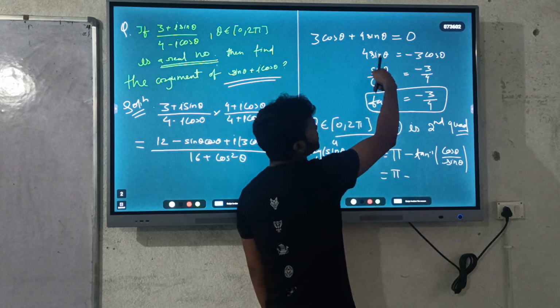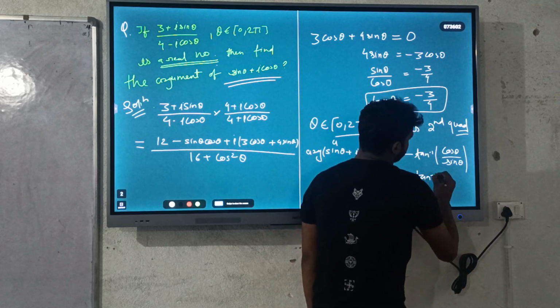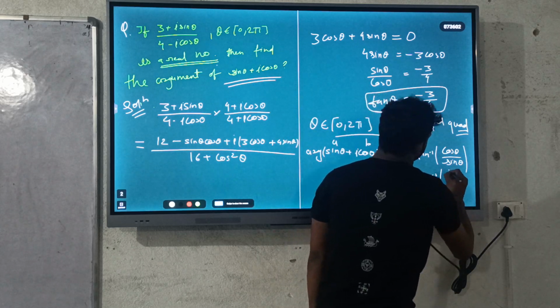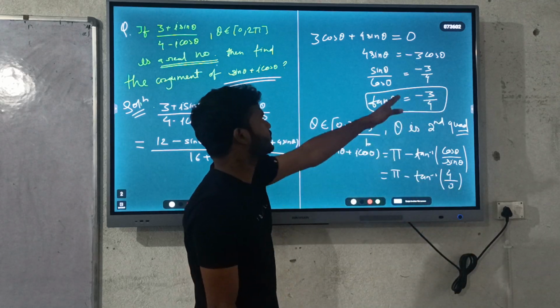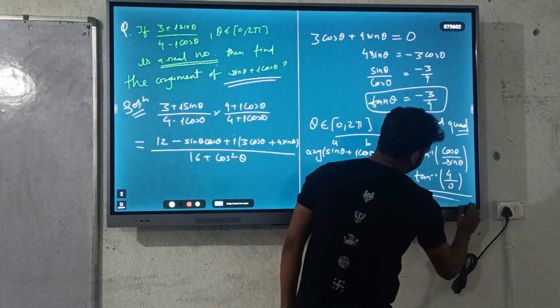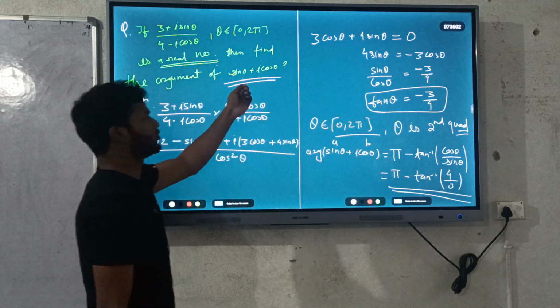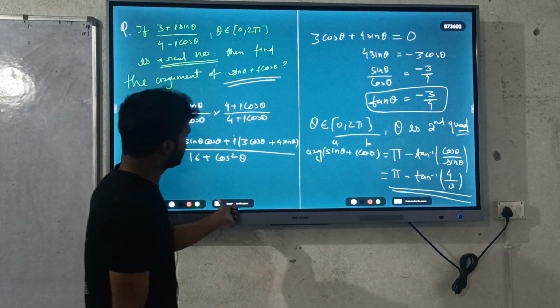We get this value from there, just reverse it, so we get 4 by 3. As we know, we take the length, we don't need to consider the sign. So this is my required argument value for this complex number sin theta plus i cos theta.